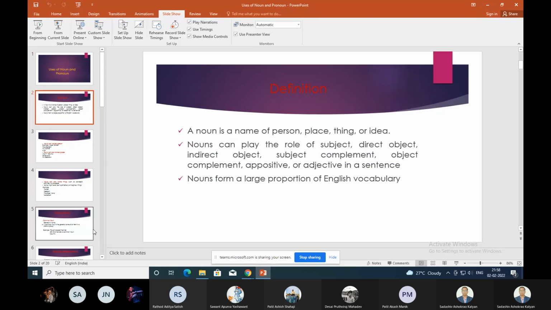And how the noun works on various levels, as an indirect object, direct object, as a subject, as an object, and how it works as a subject complement and object complement in various kinds of sentences, and how we find the various words given to us in the dictionaries which are nouns.